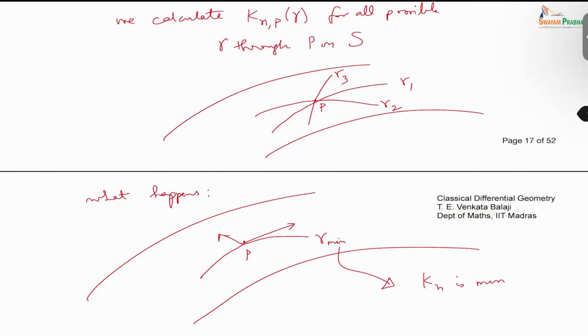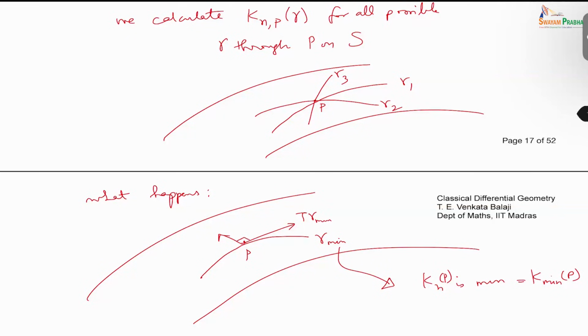I will simply call this K min at P. This is T gamma minimum, this direction.